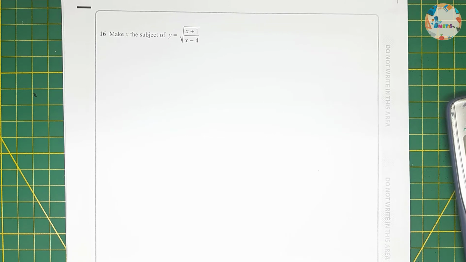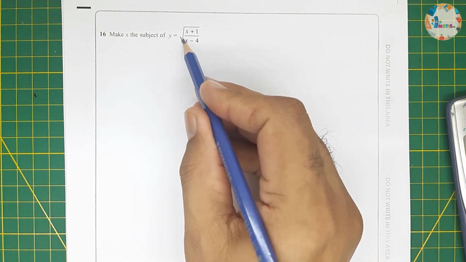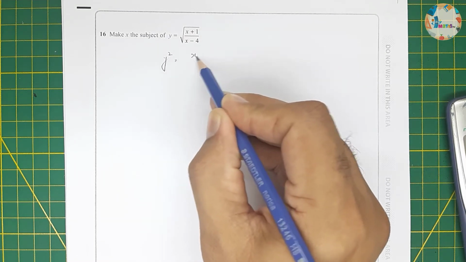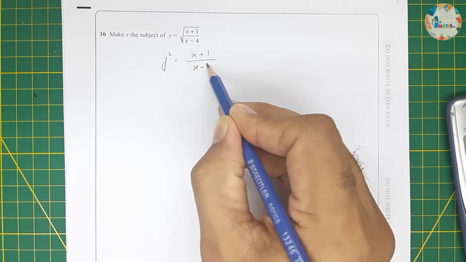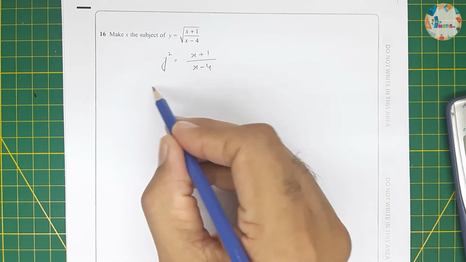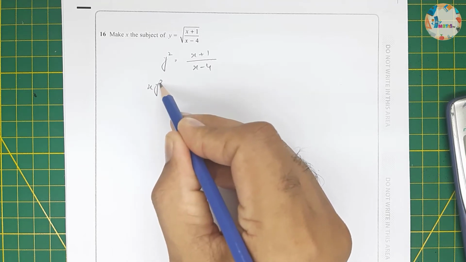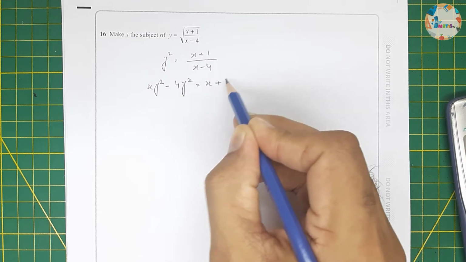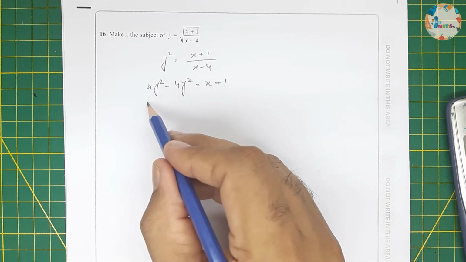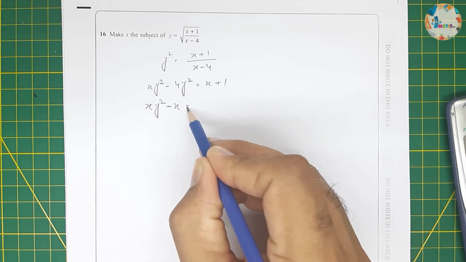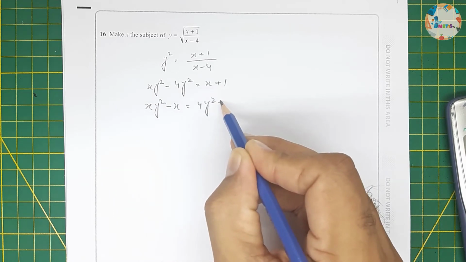Question number 16. Make x the subject of y. So to get rid of this under root, we'll have to first of all take square, which is equal to x plus 1 over x minus 4. Then we have to cross multiply, so it will be xy square minus 4y square is equal to x plus 1, and this x we can move to this side, so xy square minus x is equal to 4y square plus 1.